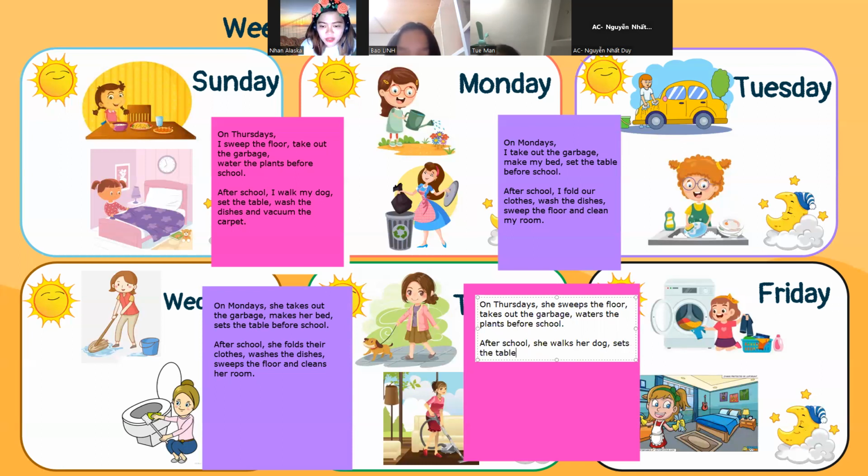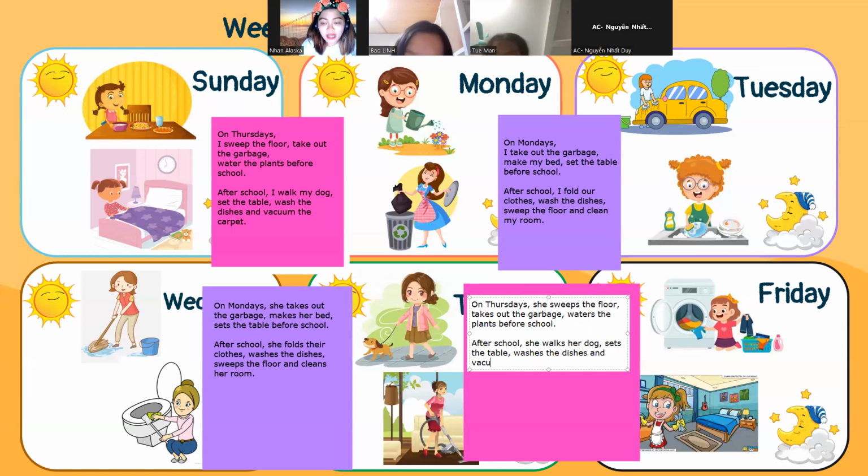Add s, we are describing Twiman. She sets. All right. She walks her dog, sets the table, washes the dishes. Very good. And vacuums the carpet.